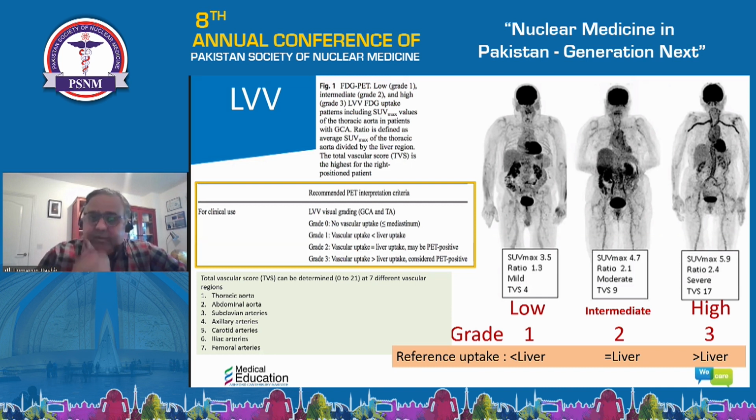Nice visualization of the large vessels. From this, they have come up with a total vascular scoring system as well. There are seven different sets of vessels which are allocated a number, which can be from 0 to 21 for grading this. But clinically, we're reporting grades, not the scores at the moment. Next slide, please.